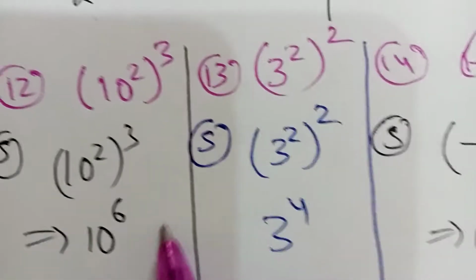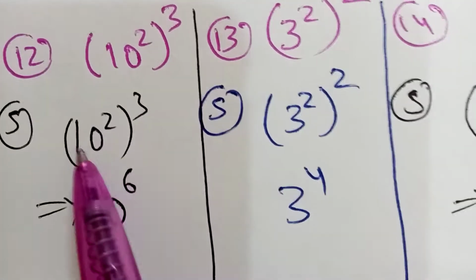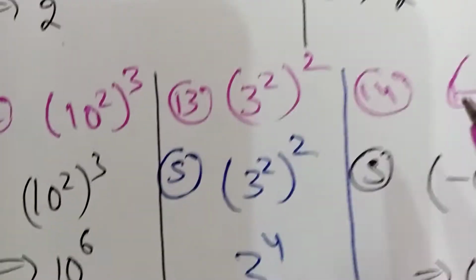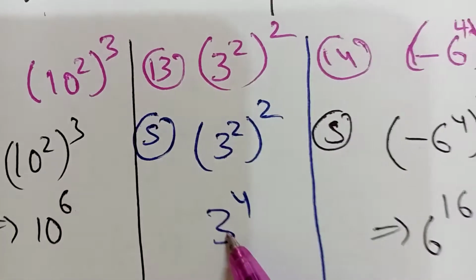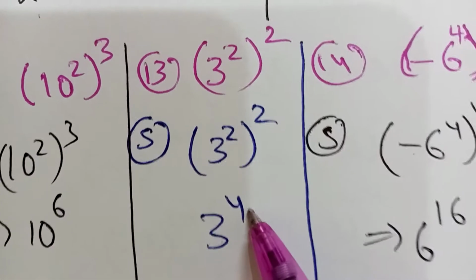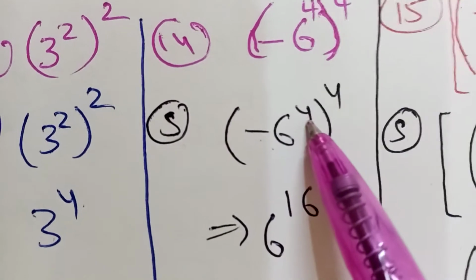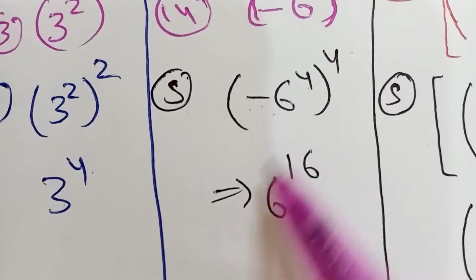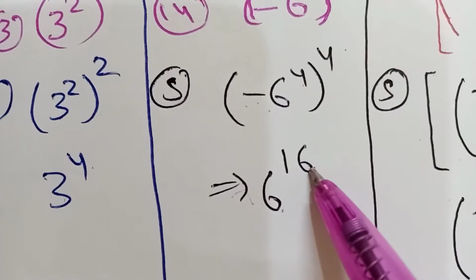Next, (10^3)^3. Power of power. So 10, 3 3s are 9. (3^2)^2. So 3 as it is, 2 2s are 4. ((-6)^4)^4. So 4 4s are 16.